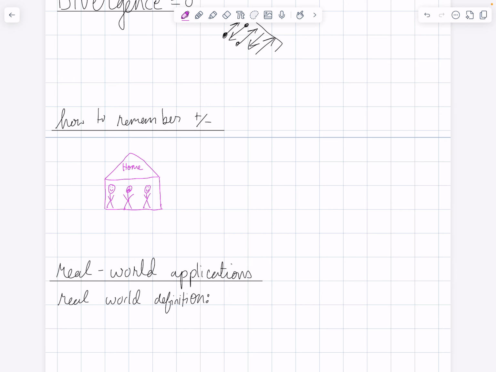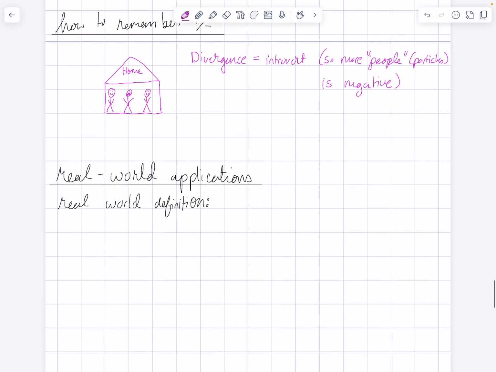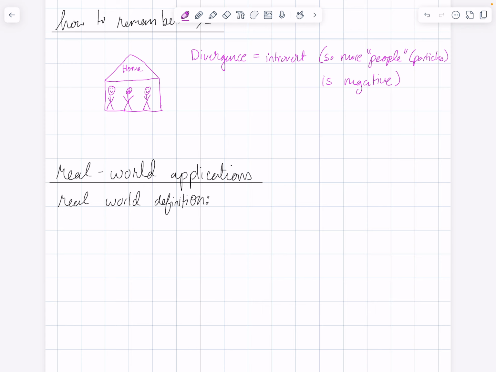Give them a frowny face now, right? So we're going to imagine that divergence is a homebody, or we'll call them an introvert. So more people, which is really particles, is negative for them. So that is how we are going to remember that.